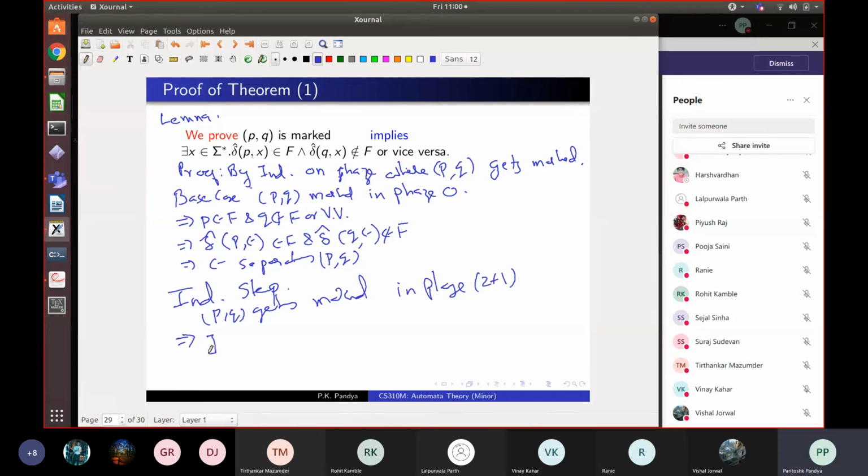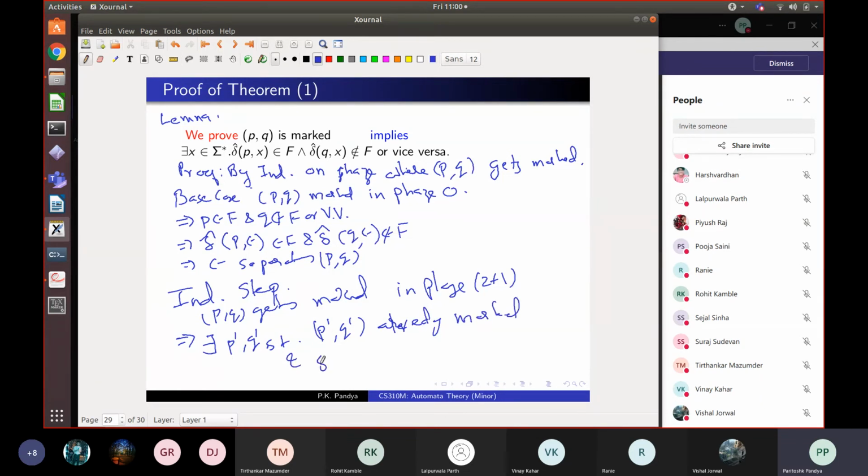This implies that there exist states P prime and Q prime such that P prime, Q prime are already marked, right?